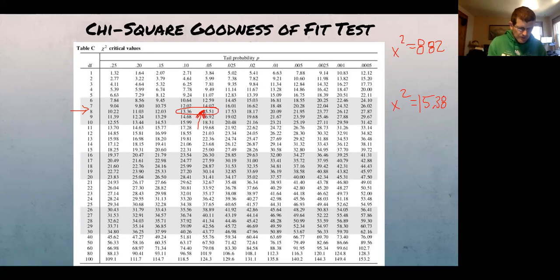So what this tells me is that my p-value is found right here. You can see the p. This is telling you what the tail probability is. So 15.38 would fall somewhere between 0.10 and 0.05. So my p-value is going to be less than 0.10, but greater than 0.05.